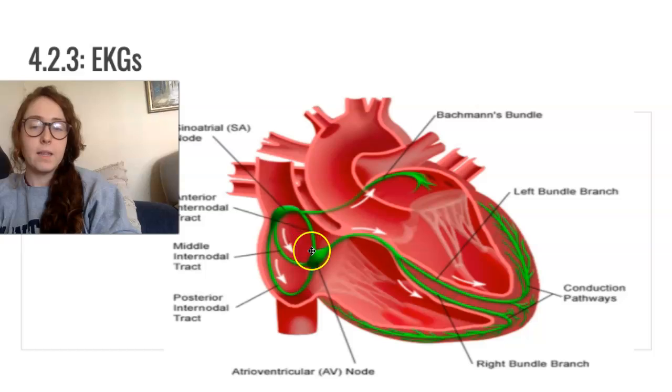After the atria contract, the AV node, atrioventricular node, which is between the atria and the ventricles, receives the signal, sends it down the bundle of His into the left and right bundle branches and out the Purkinje fibers. This is that branching thing down here. And that's what causes the ventricles to contract, or depolarize, is the other word that they might use.